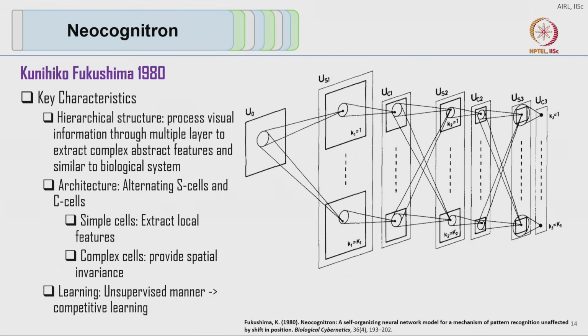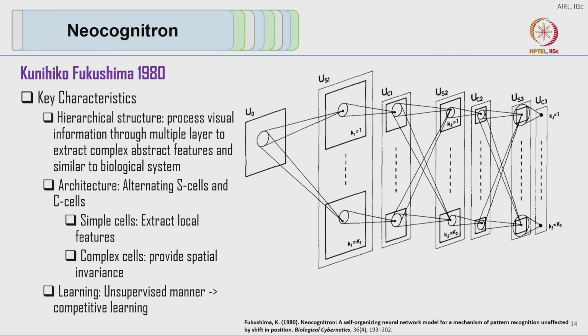If I talk about the characteristics of this architecture, as I mentioned earlier, it has a hierarchical structure. It processes the visual information through multiple layers, going from simple information to complex, then to hyper complex information, to extract abstract features from the image.